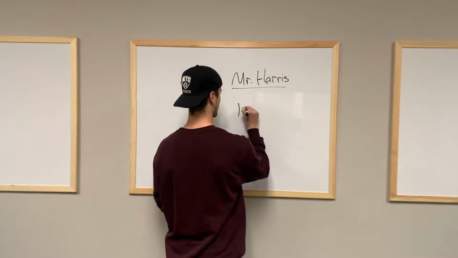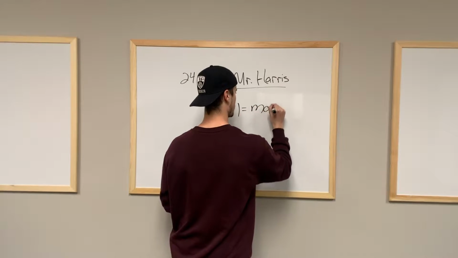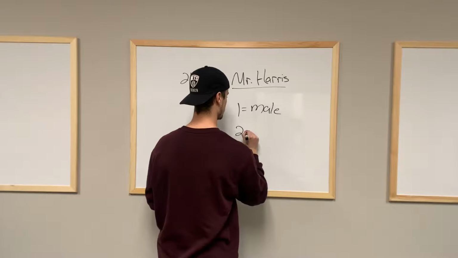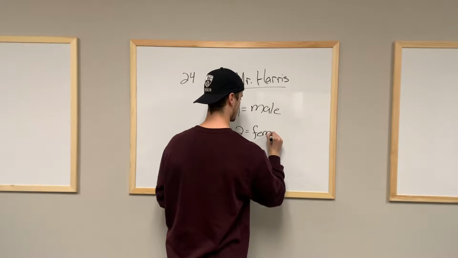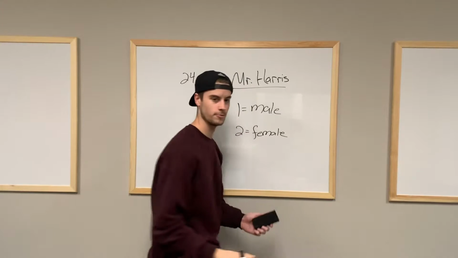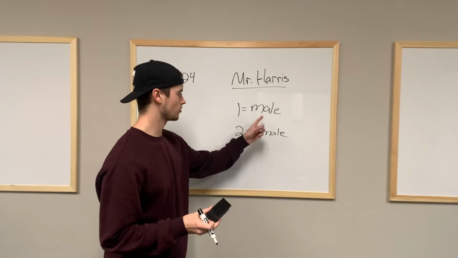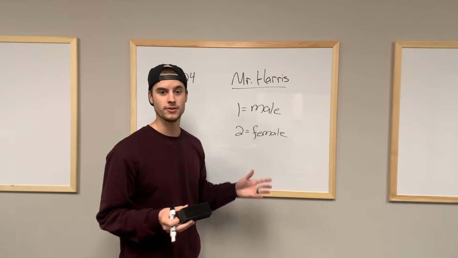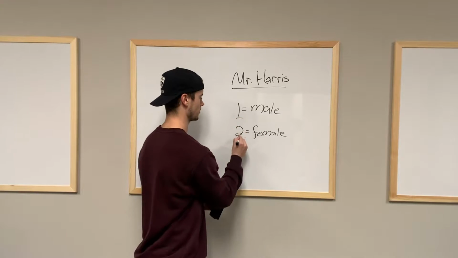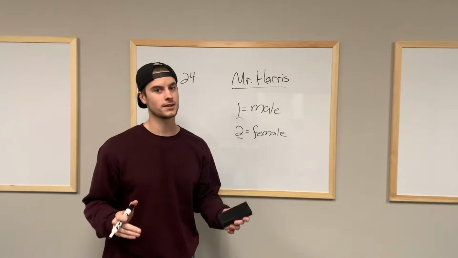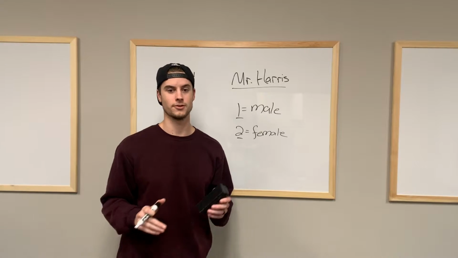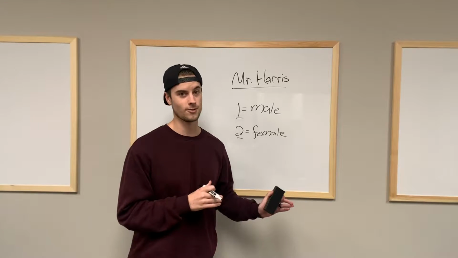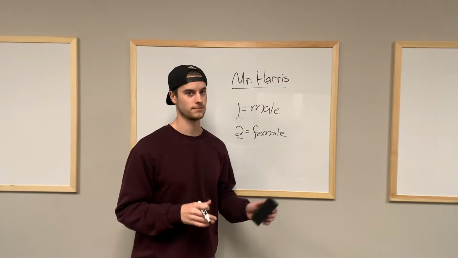I can say enter 1 for male, and enter 2 for female, right? It's categorical data, okay, because we're asking them to identify male, female, right? But it's coded with these numbers, right? Don't get that confused for numerical data, okay? It's categorical, right? It's just coded, okay?